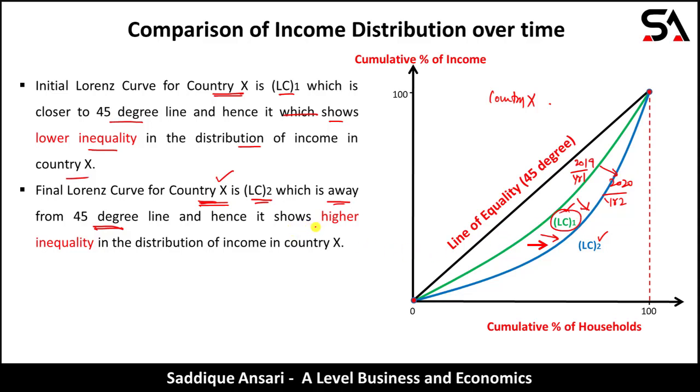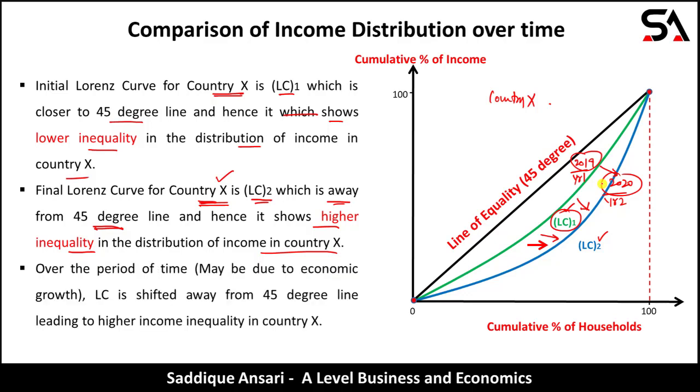So it shows higher inequality in the distribution of income in country X. So we can say that compared to 2019, in 2020, the inequality in the distribution of income and wealth has increased in country X over this period of time. So over the period of time, maybe due to economic growth, because economic growth can also lead to income inequality, that we'll discuss in the Kuznets Curve topic.